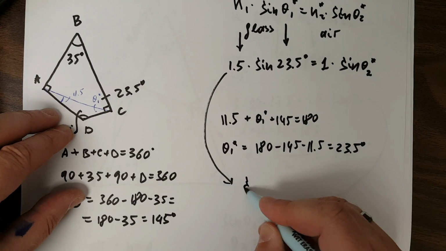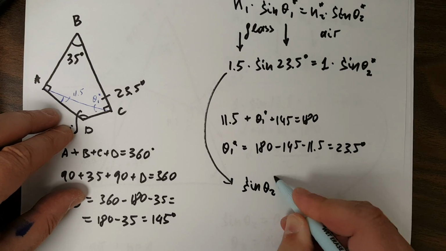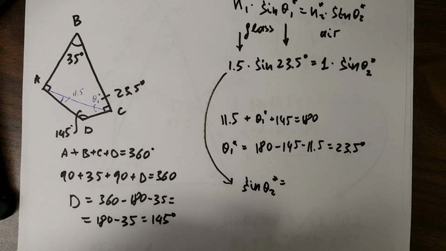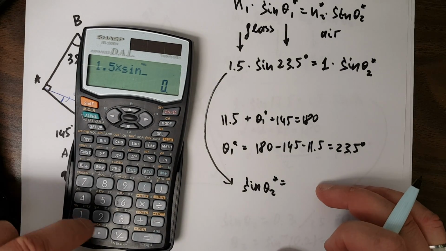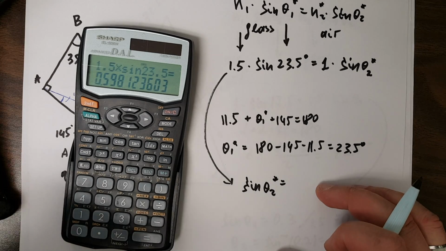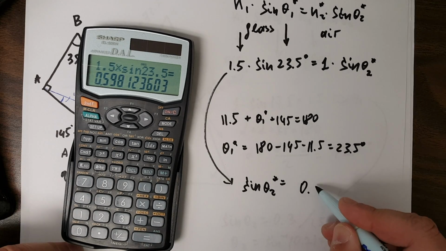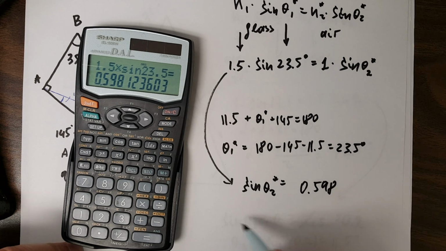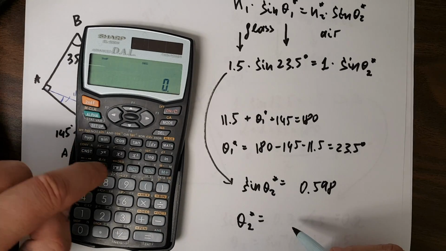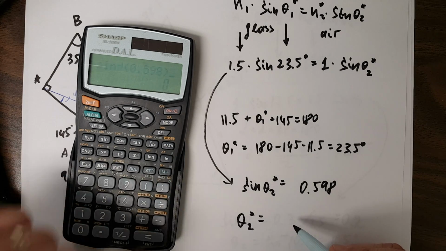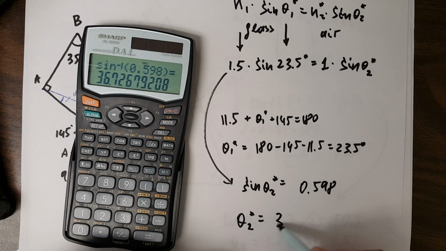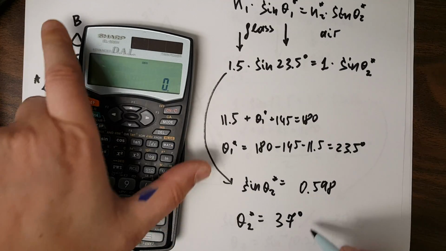First of all, the sine of this angle will be equal to 1.5 times sine of 23.5, 0.598. And now the angle itself will be equal to the inverse sine of 0.598, which is, well, let's just round it up, 37 degrees.